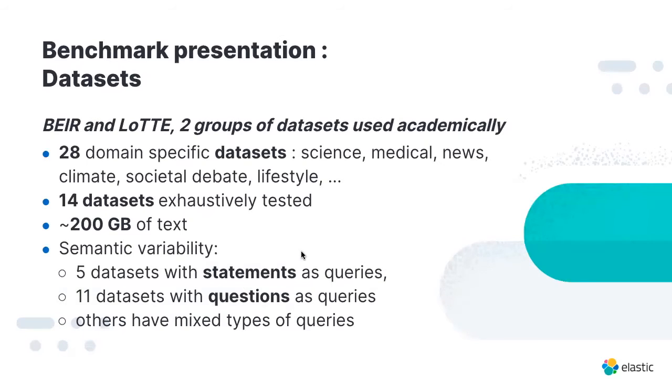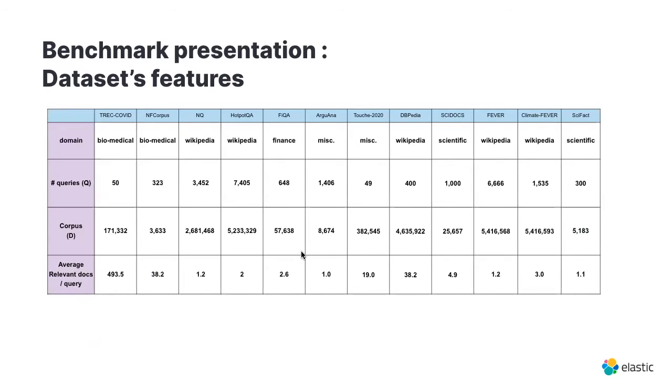Okay, so in terms of what we did, we took around 28 domain data sets. There are two big research projects consolidated across the information retrieval academic groups, one called BEIR, one called LoTTE, and there's a lot of data there, with variety because different domains are different. You probably can't see this, but this is a selection of them.